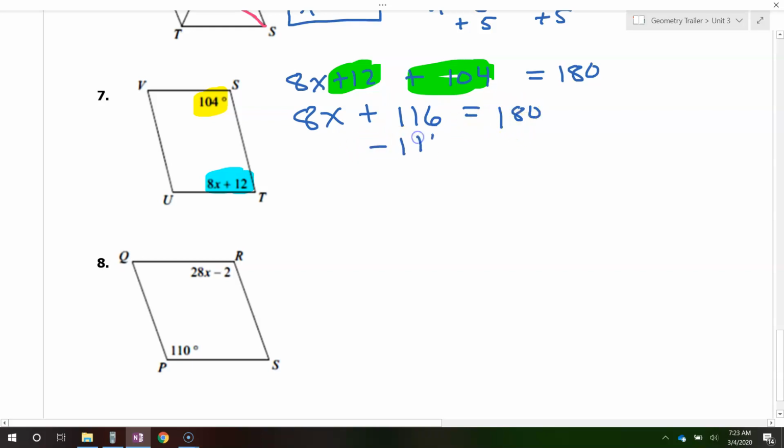Then if I subtract 116 from both sides, now I have 8x is equal to 64. So when I divide both sides by 8, I come up with x equals 8.